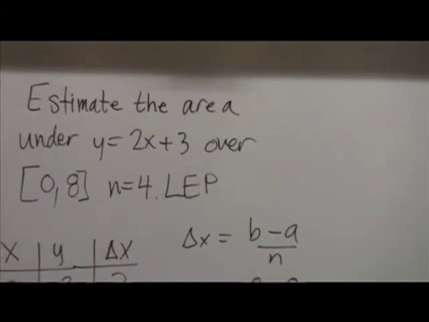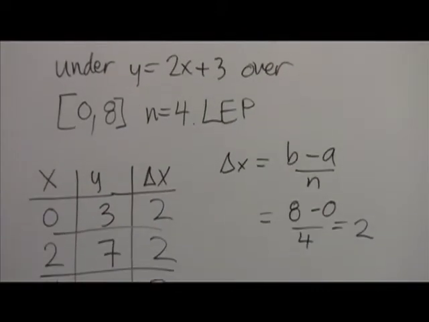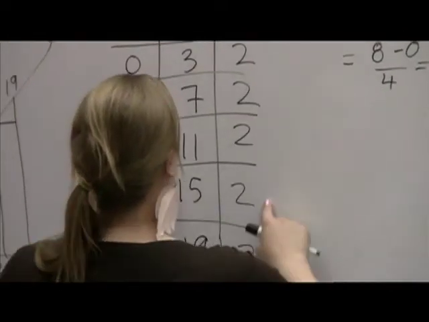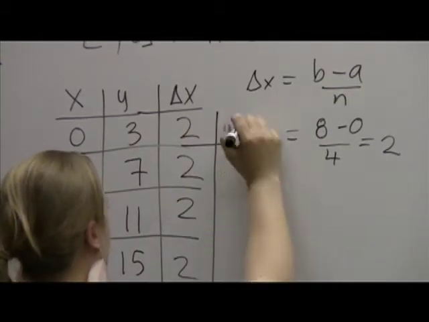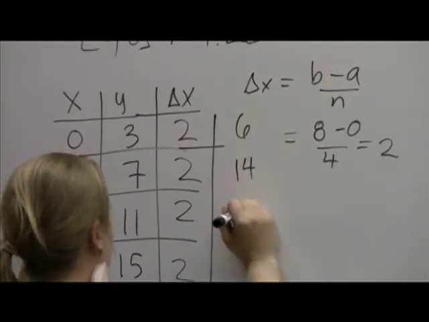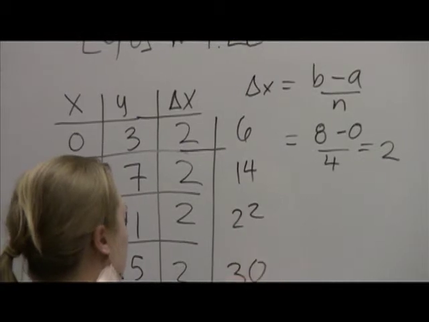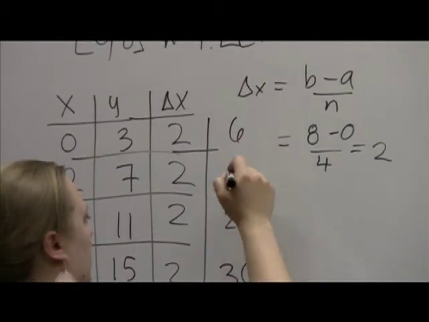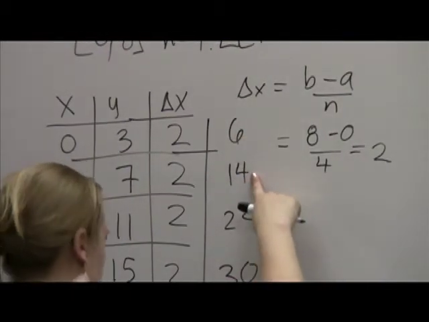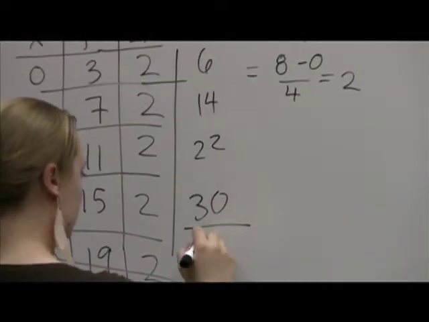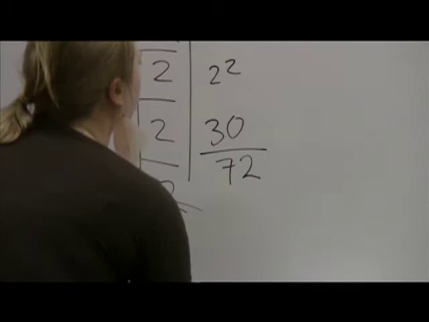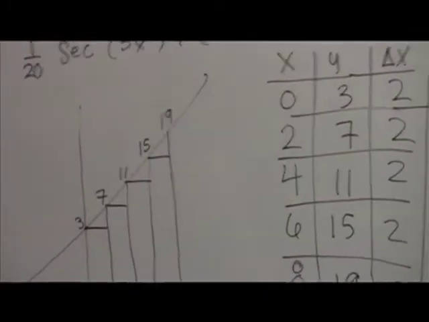Okay. So then I'm going to just multiply these ones and add them up. So 3 times 2 is 6, 14, 22, 30. This would be 6 plus 14 is 20, plus 22 is 42, plus 30 is 72. Is that what you guys got?